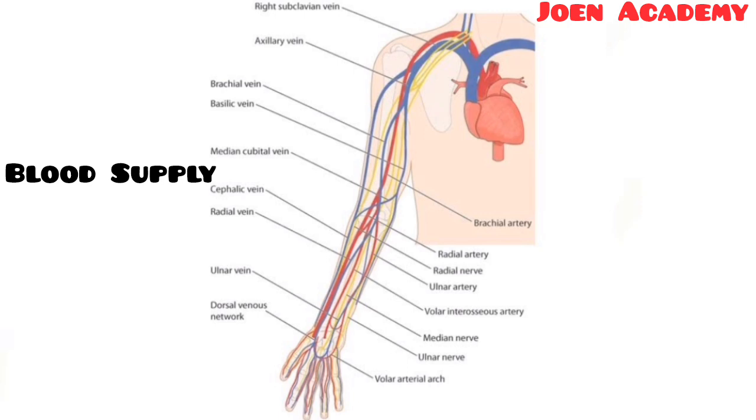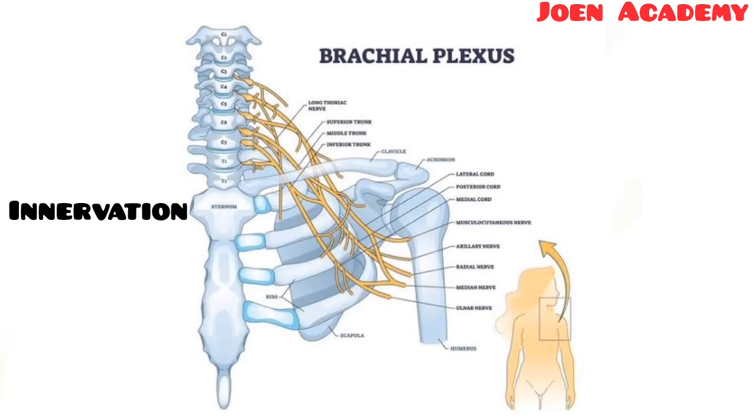For the blood supply, the upper limb receives blood supply from the subclavian artery, which branches into the axillary artery and then further branches into the brachial artery in the arm. The brachial artery is further divided into the radial and ulnar arteries at the elbow, supplying blood to the forearm and hand. For the nerve supply, the upper limb is innervated by the brachial plexus.